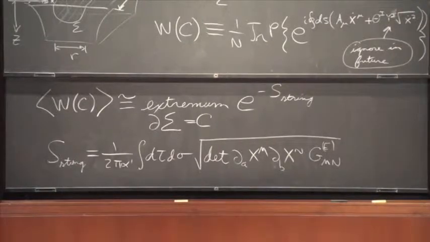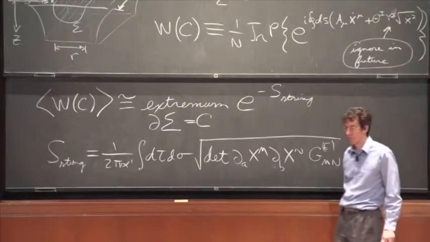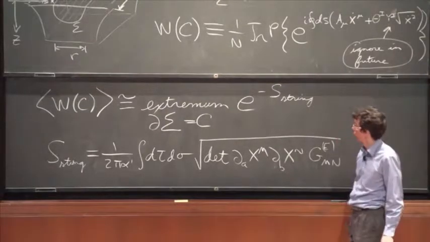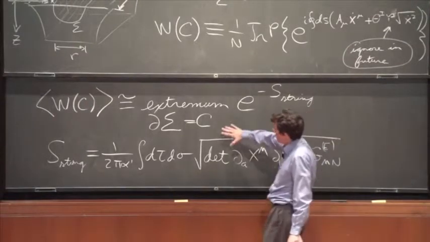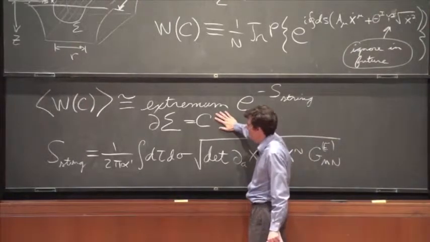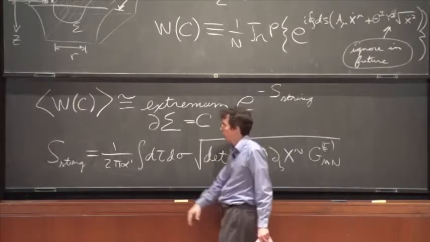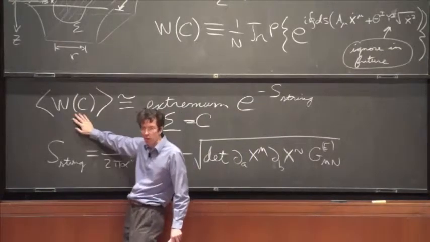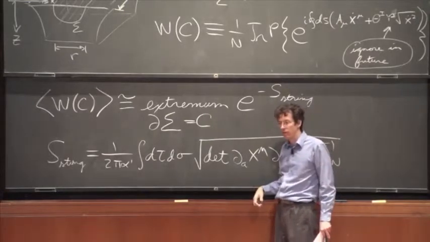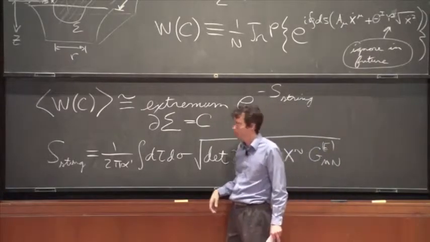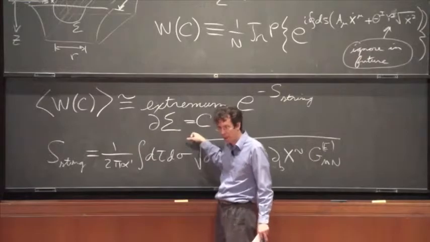Yes? Is there a proof for this minimal surface strategy? Well, I would say this is kind of the core of AdS/CFT, that you say you want a gauge theory quantity, you extremize the corresponding bulk quantity subject to the boundary conditions that there's a match at the boundary.